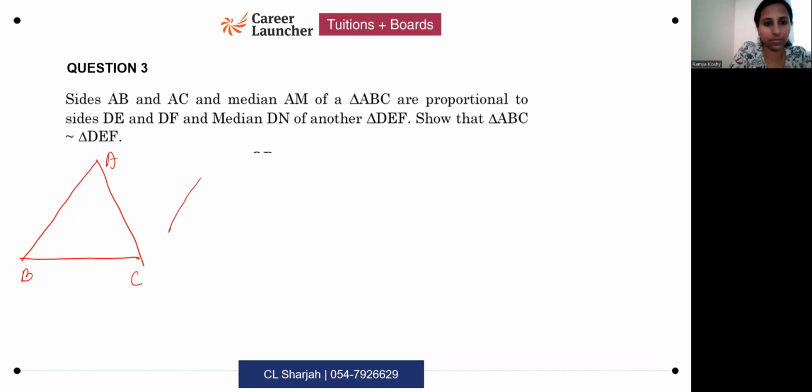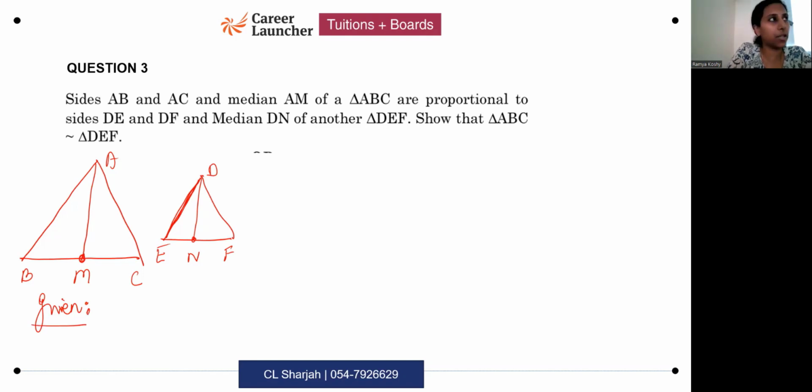Yes, there are 2 triangles here. Now, will it be SAS? We'll be using SAS. Write this. Even for these type of questions, write given, write to prove, write construction. All this has marks.